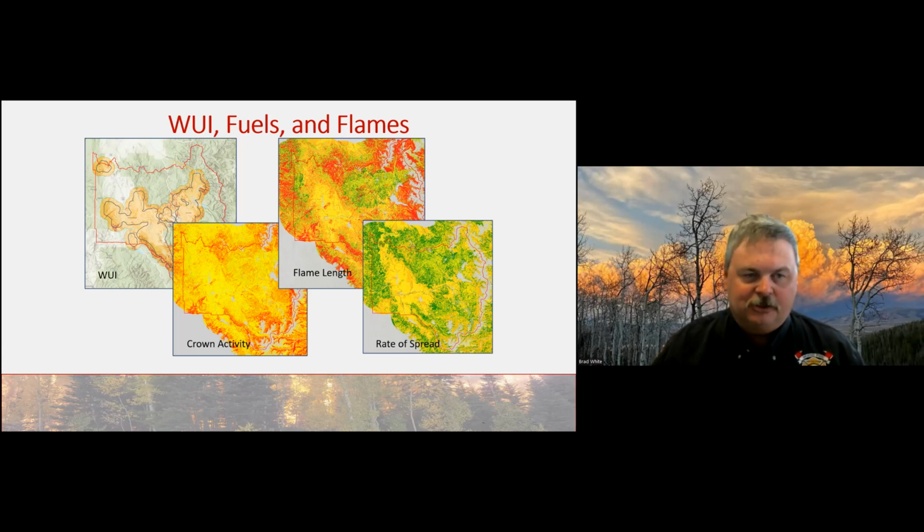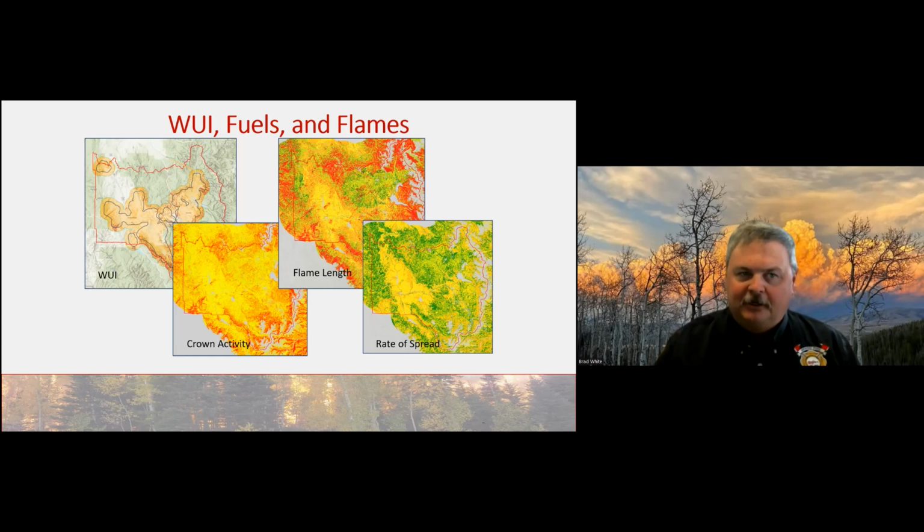We took a look and worked with the scoping groups and the stakeholder groups on many of the same things the QRA pulled in: the crown fire activity maps, the flame length maps, the rate of spread maps. We took all the input we've gotten from the community, the public, the core group, and the different stakeholder groups, and worked our way back to a very similar map to what the QRA produced.